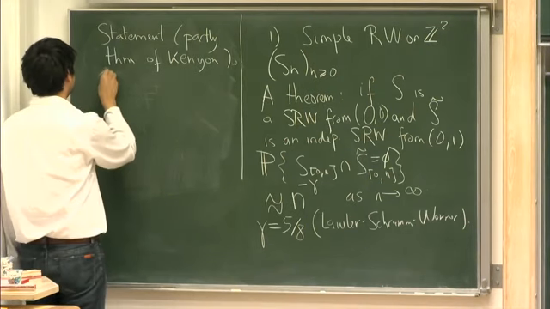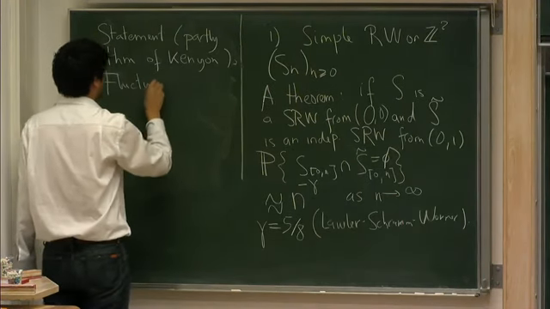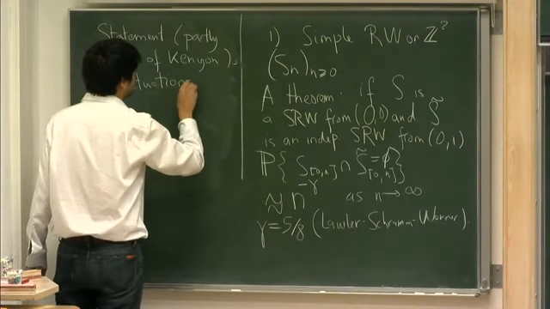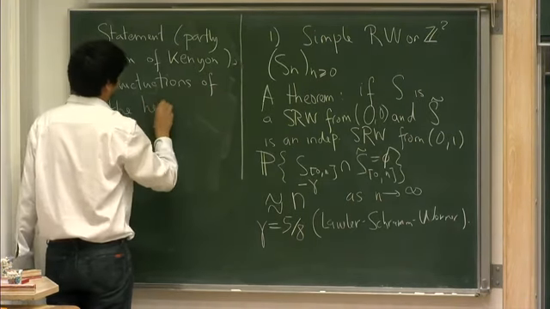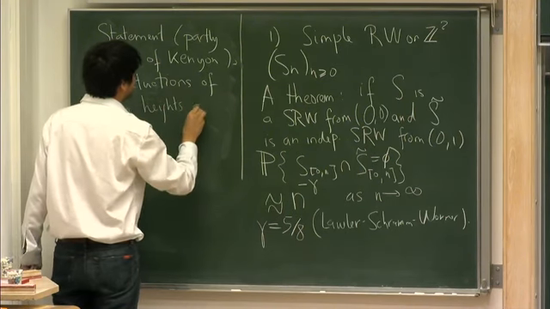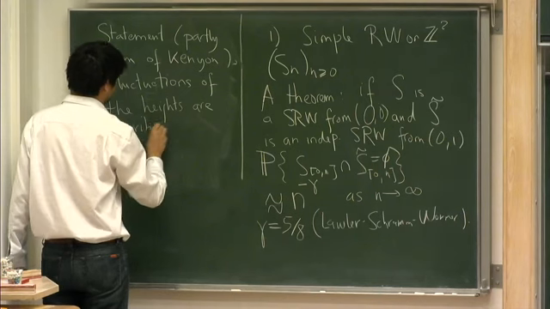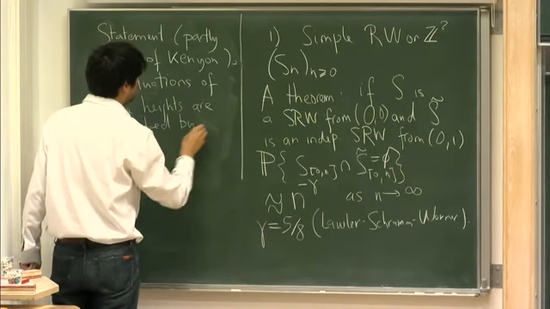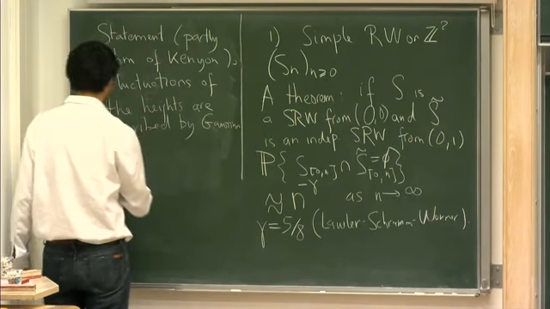It's that the fluctuations of the heights are described by a Gaussian free field, that Jason is speaking about.